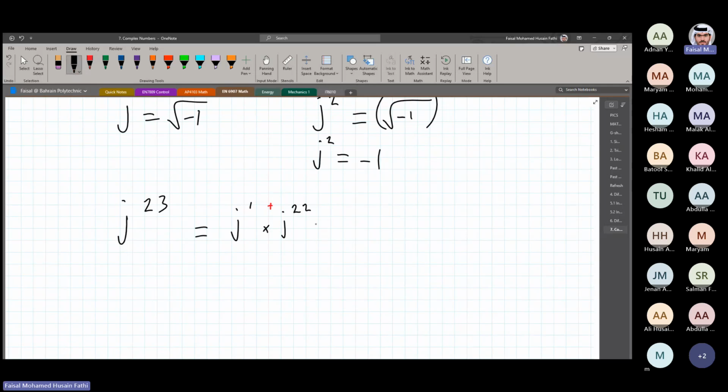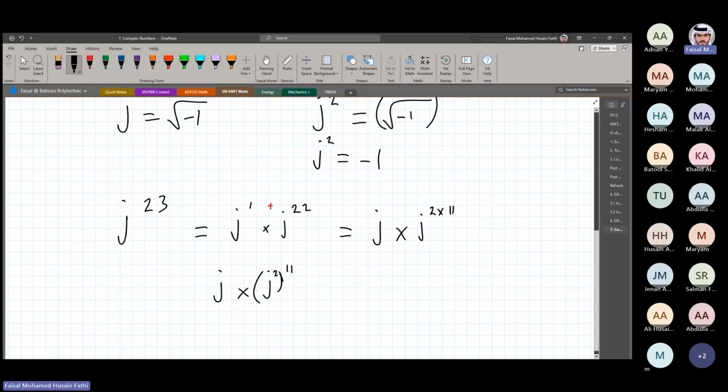So if we simplify J to the power 22 even more, it is J to the power of 2 times 11. In other words, this is J times J squared to the power of 11.